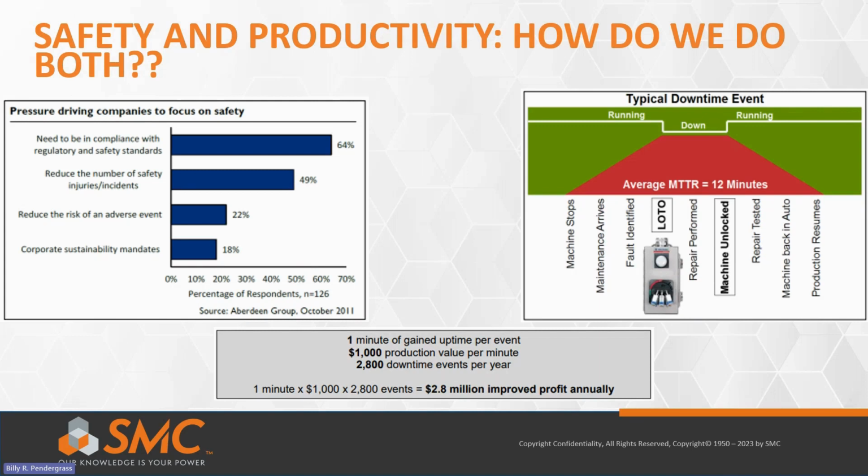This improvement is about 8% of the current MTTR, but the savings add up over time. If the production value per minute equals $1,000 and you have an average of 8 downtime events per day in 350 production days per year, your savings would amount to $2.8 million annually.